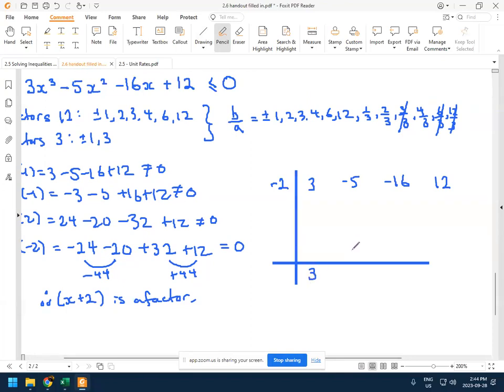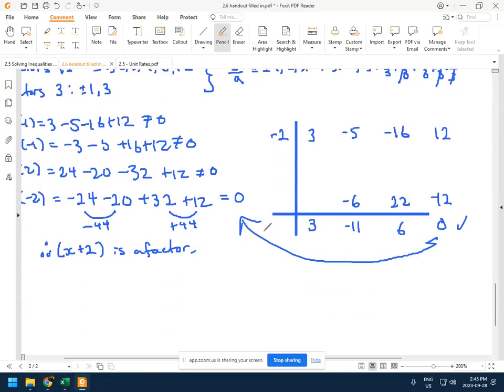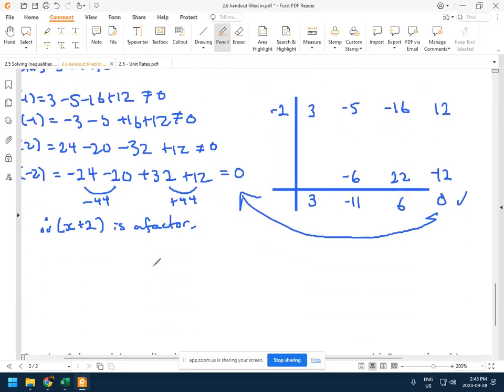Add, multiply, add, multiply, add, multiply, and add. Yay, confirmed. That means, so therefore, x plus 2 and 3x squared minus 11x plus 6 must be less than or equal to 0.